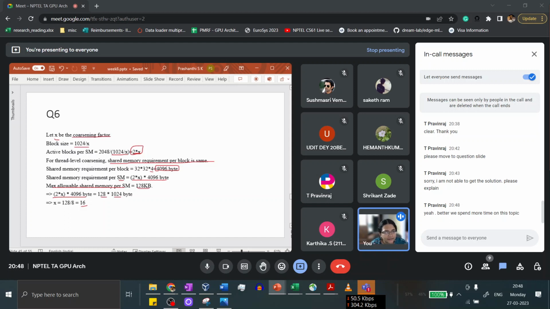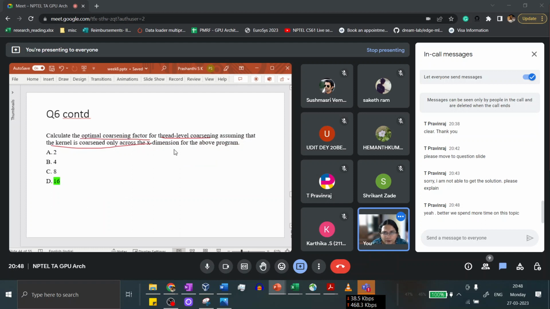I think this is the third type of question. The first type of question was your question 1 and 2, where we are talking about number of cycles for different fusion techniques. The second type of questions was the kernel launch parameters, which is straightforward. And we have 3 questions which are very similar to this, which ask about the shared memory requirements or the optimal coarsening factor.